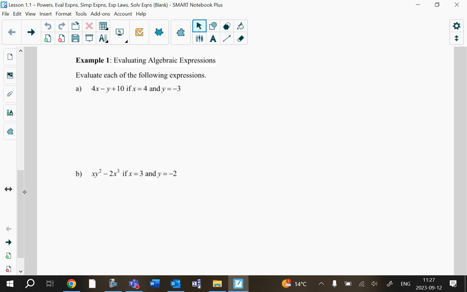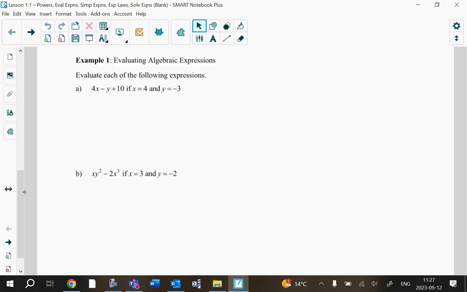How many variables are in that expression? 2. What is the coefficient of x? What is the coefficient of y? Negative 1, because there's a minus in front. What's the constant? Okay, so you should just be familiar with that.